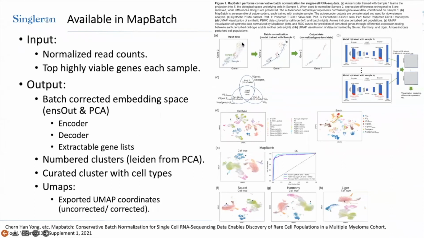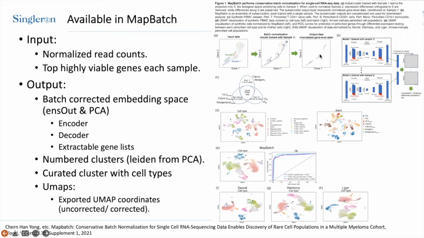Basically, each of the input samples is projected into a biology space S, and all of the orthogonal signals are removed when calculating the autoencoders.